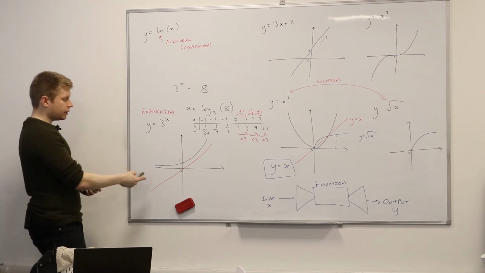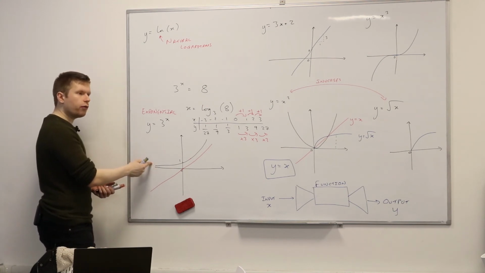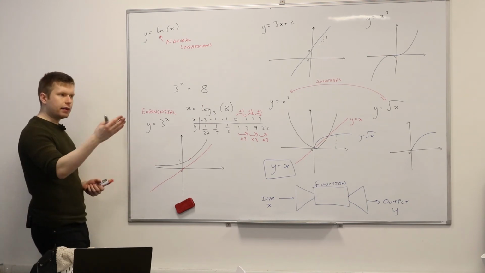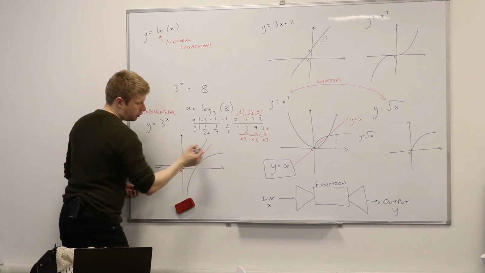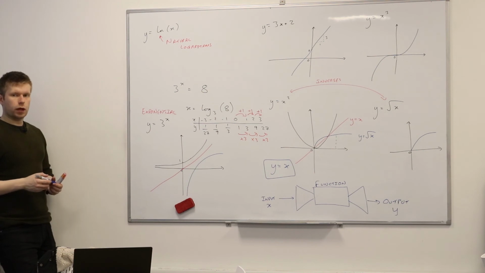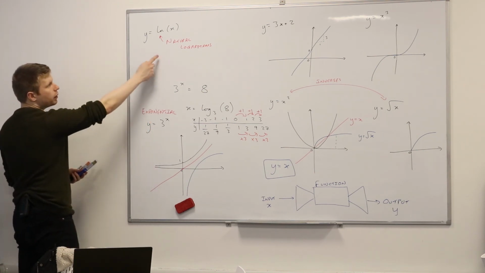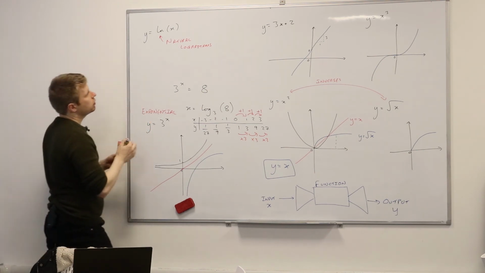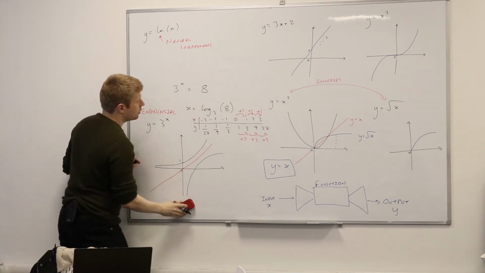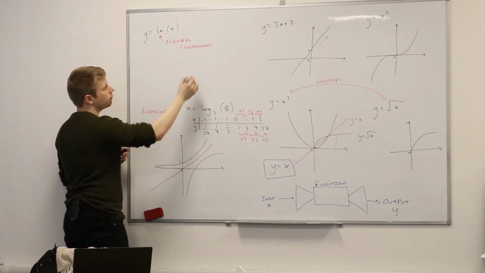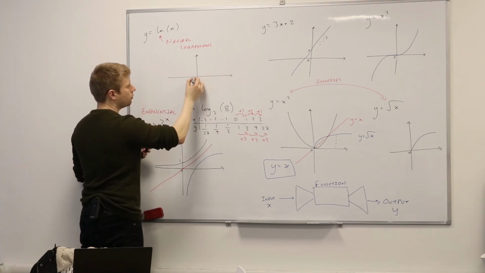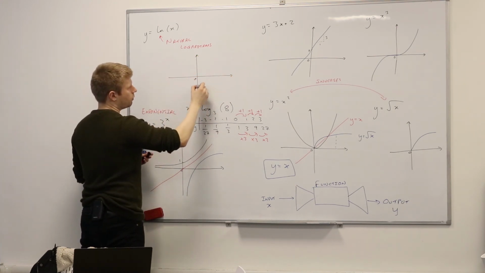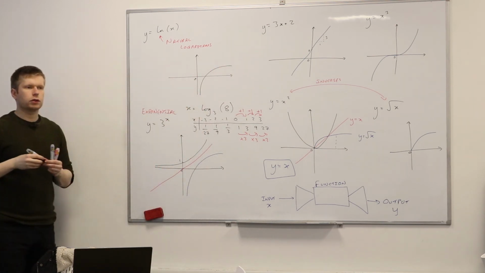So if I reflect the exponential graph in the line y equals x to get the inverse, I should get something that looks like this. So that there would be the natural log graph. So we draw that in. Okay, something that looks like that.